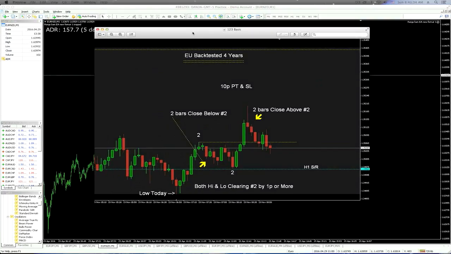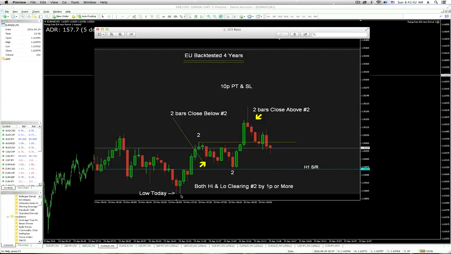Let me show you another one here, and this is from I made this a few years ago. I'm not exactly sure what I back tested for 4 years, but this shows also a 1-2-3. Although down here in the bottom, the 1, you can just barely see a little tick there. That's a 1. I just didn't do a good screenshot to capture it, but this happened to be the low of the day, and this looks like probably a 5-minute chart.